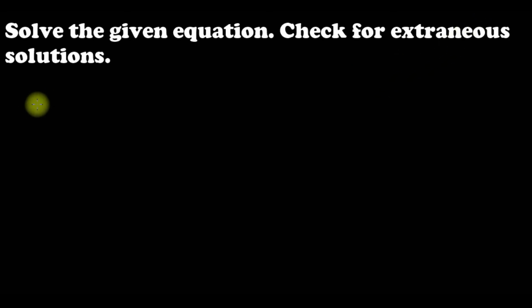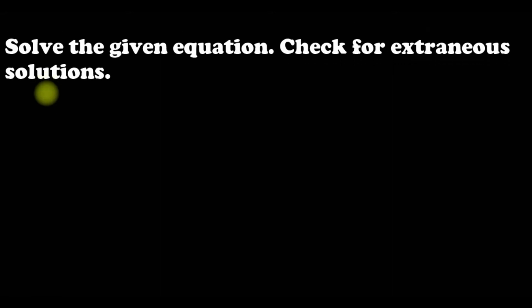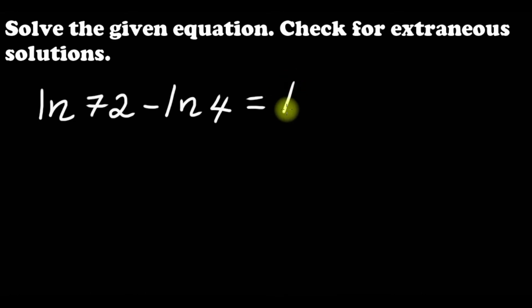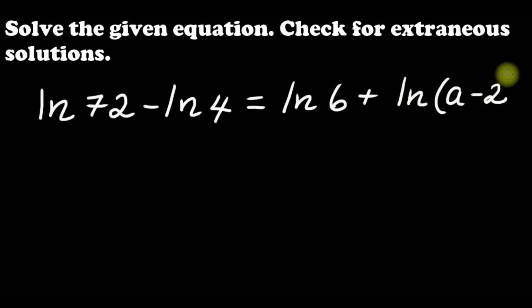Let's take a look at an example here. So here you have ln 72 take away ln 4 is ln 6 plus ln of a minus 2. Okay, we're going to solve here for a. First thing we need to do is to condense into a single log. The difference of logs is the same as the log of a quotient.